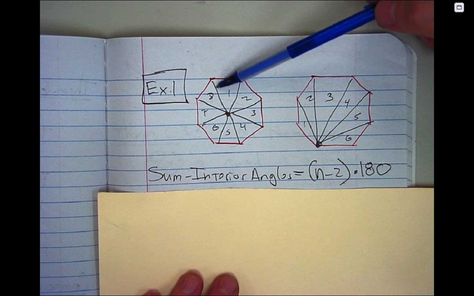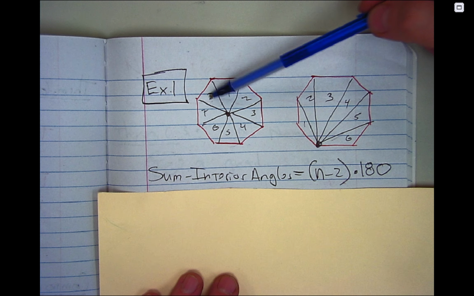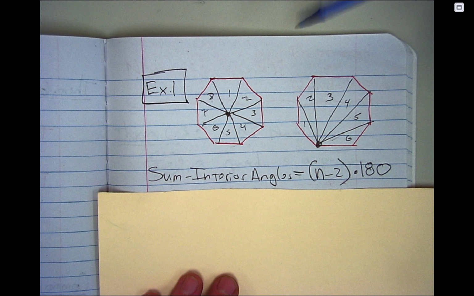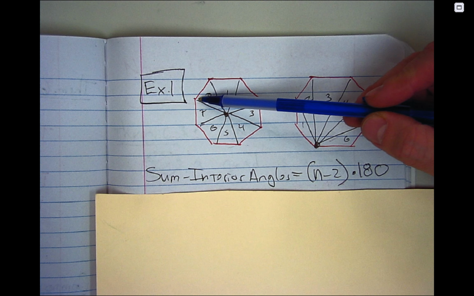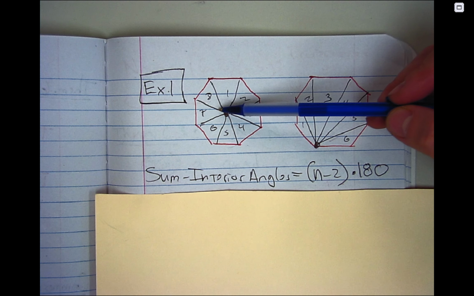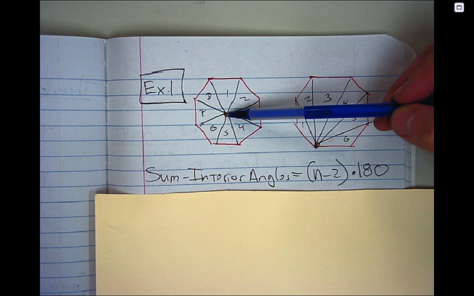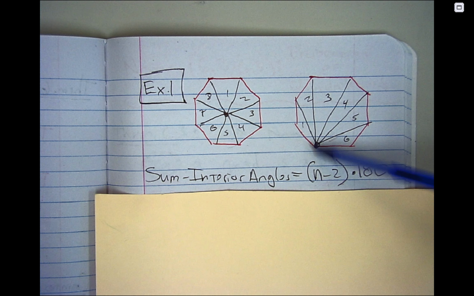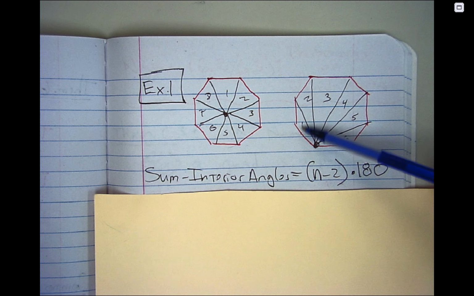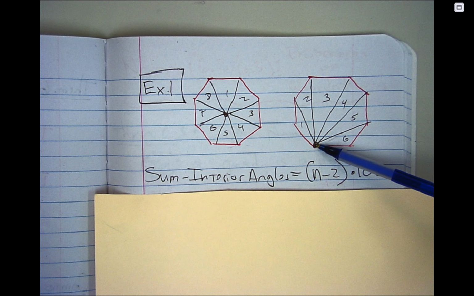Well, each triangle has 180 degrees internally, so 180 degrees times 8 gives you all of the internal angles. But notice that you're adding this angle at this corner and the one in the middle, so you can't break it up this way. This is the proper drawing for it. Here you can see that 8 minus 2 is 6, and here are the 6 triangles. You have to break it up by stemming each segment from one vertex.